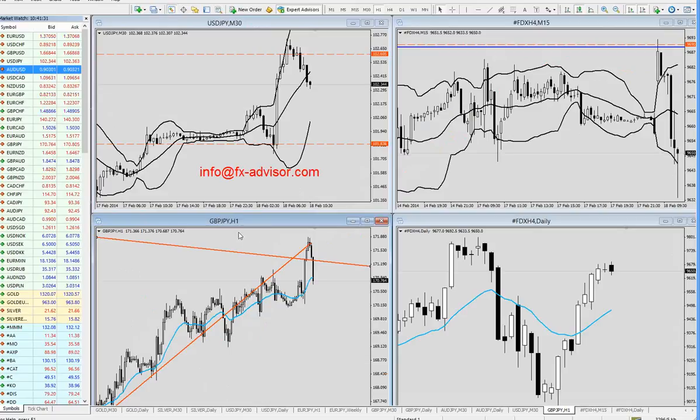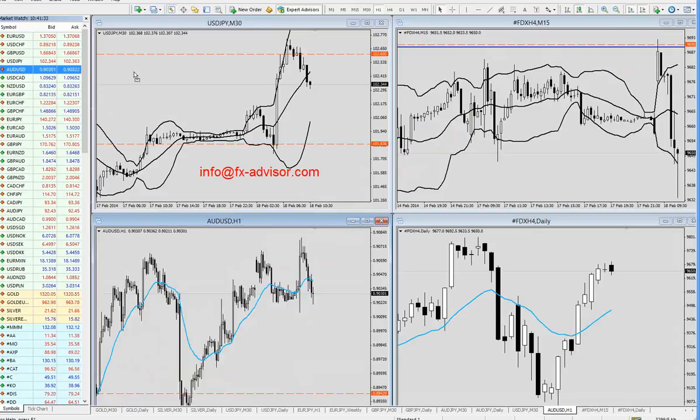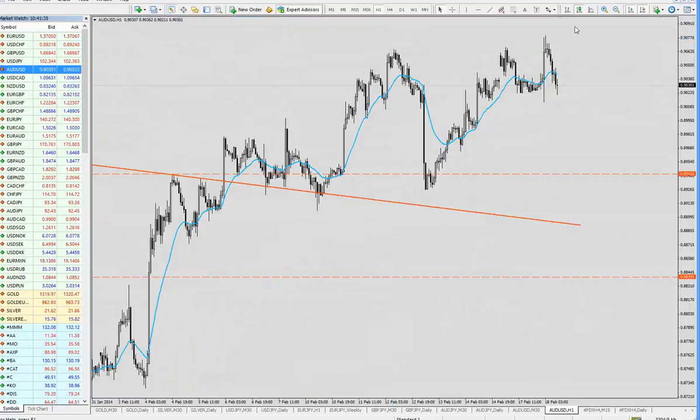Australian dollar. As you remember, last week during one of our live trading rooms, we were the sellers here on this divergence. There was a weaker report from the job market.